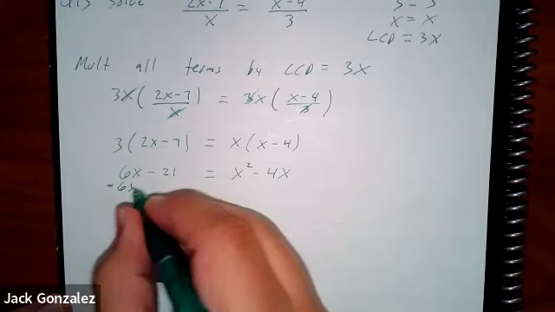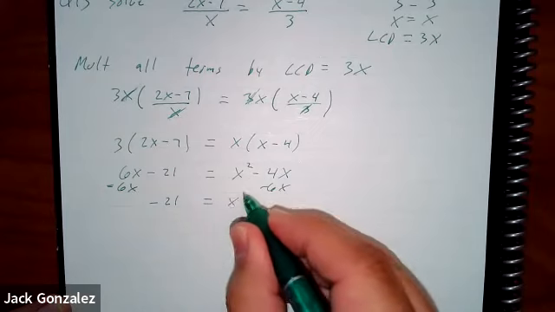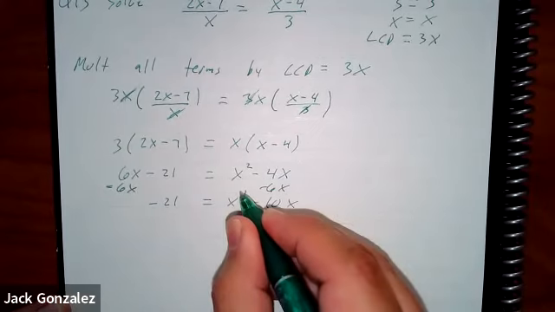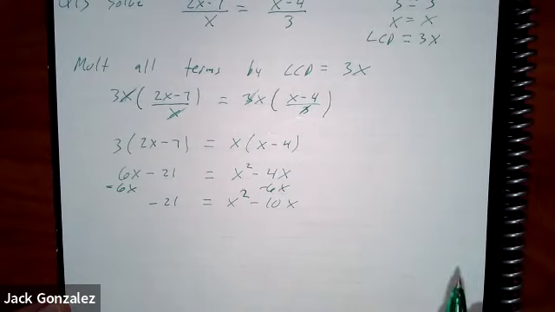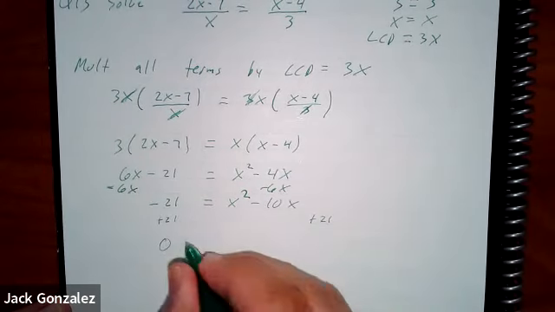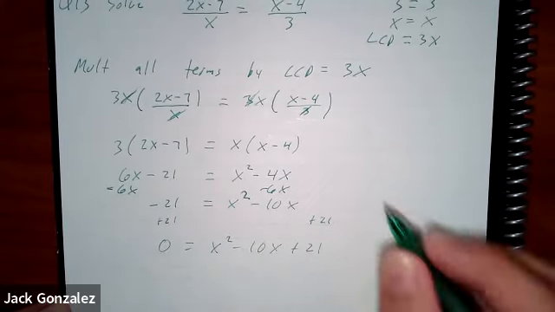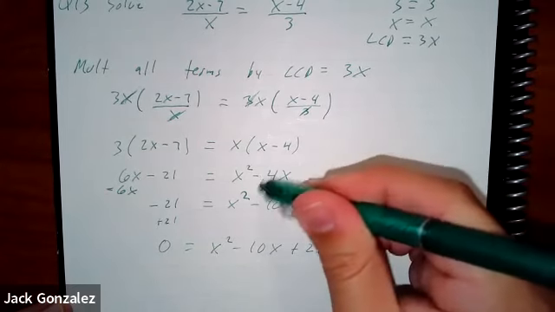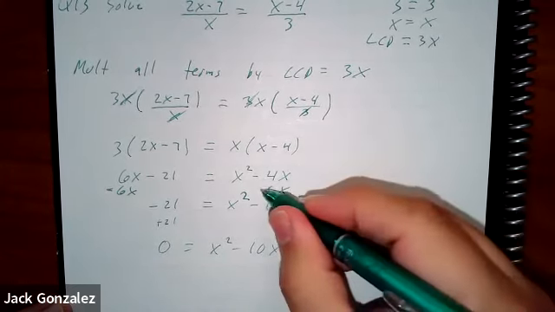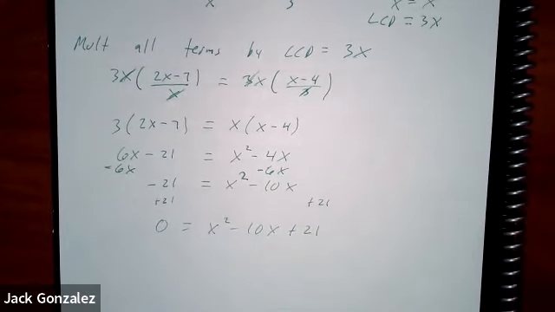So minus 6x, minus 6x, plus 21. Okay, that all right?